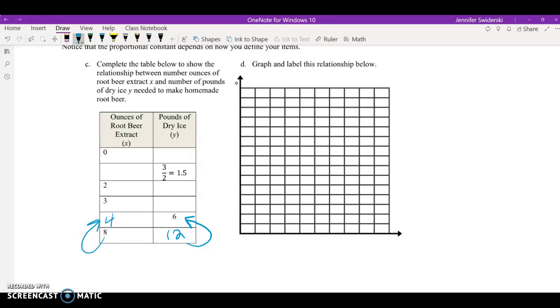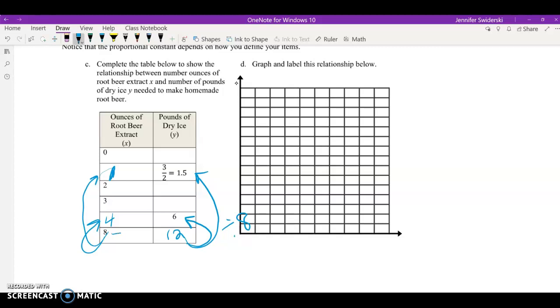Now my question is, how can I get from 12 to 1.5? If you do this in a calculator, 12 divided by 1.5, you end up getting 8. So I know I'm dividing by 8 here, which means 8 divided by 8 gives me 1. So for every 1 ounce of root beer extract, I need 1.5 pounds of dry ice.